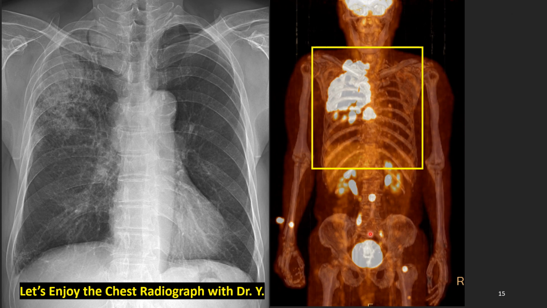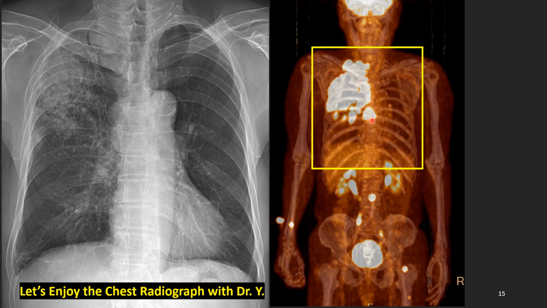How about the small cell lung cancer in these patients? MIP PET-CT imaging: all summated data are here in the single image. Small cell lung cancer here shows as hot uptake, and many conglomerated lymph nodes also show hot uptakes. Are they all?